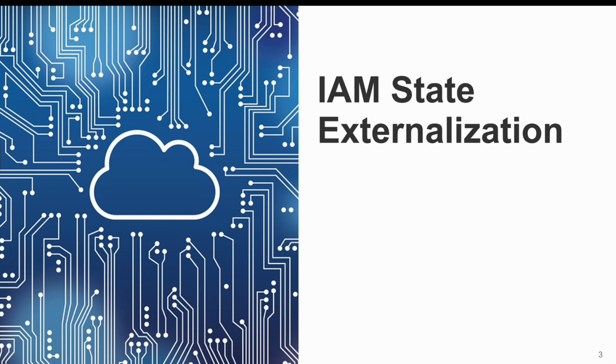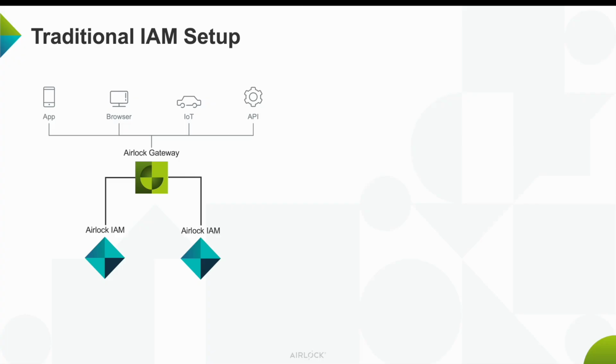IAM State Externalization. IAM State Externalization is a completely new feature in Airlock IAM, and in order to explain what it does and what the value is, I want to start with the current situation with a traditional IAM that was used before this new feature, to show you what we have added in 8.1.